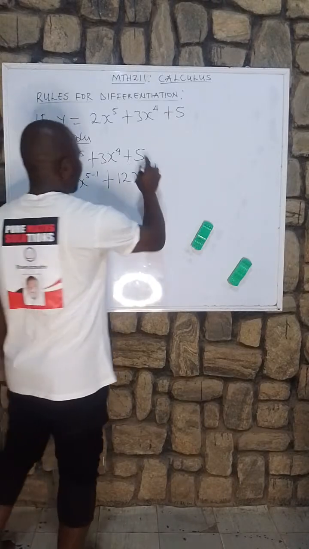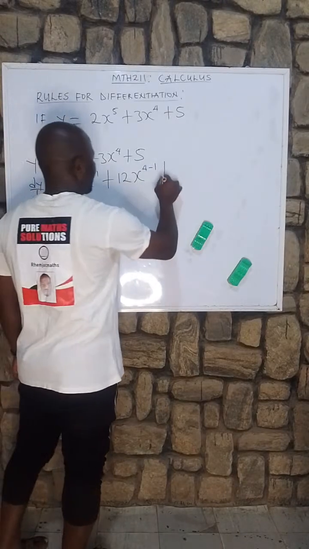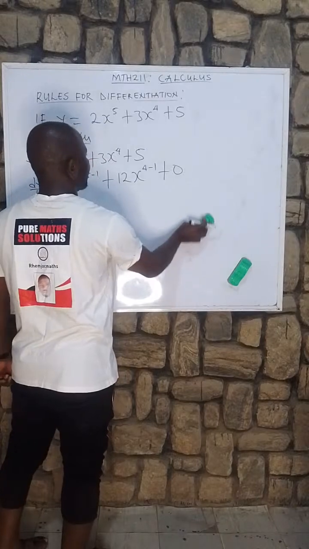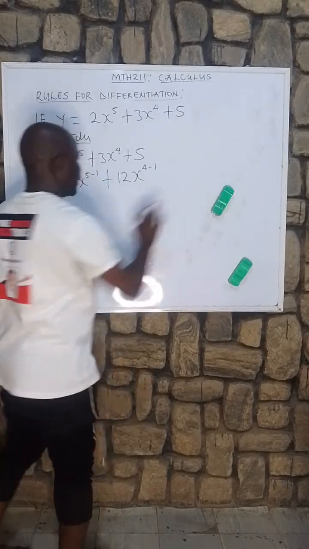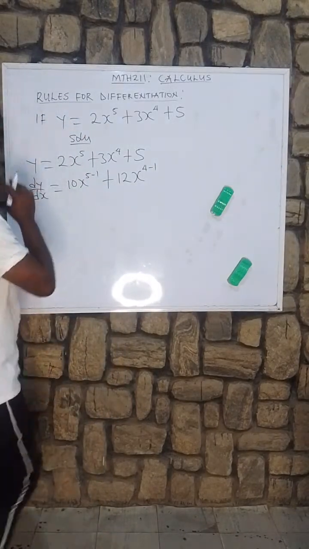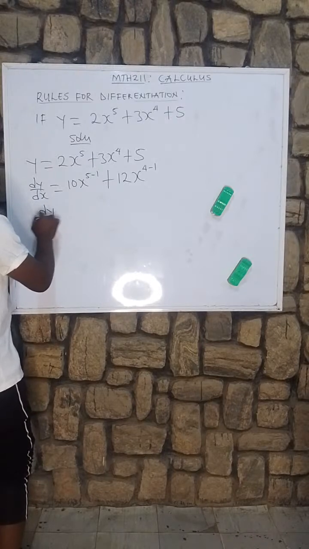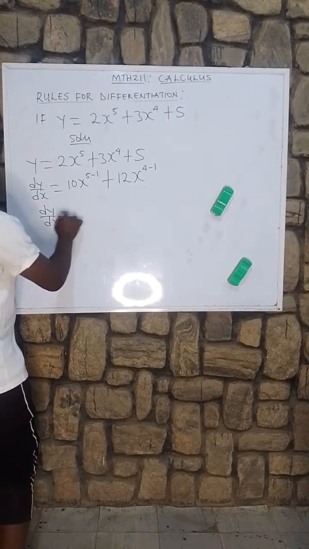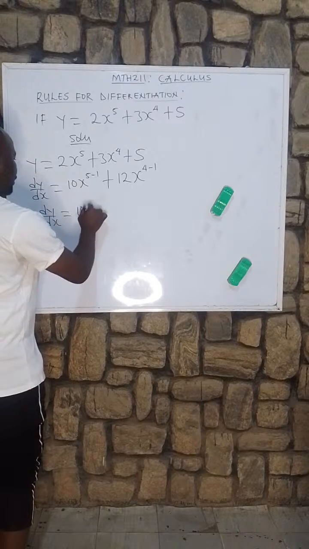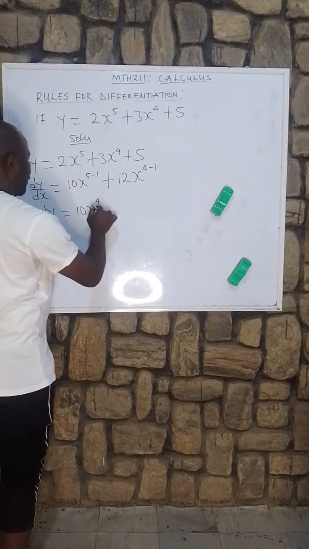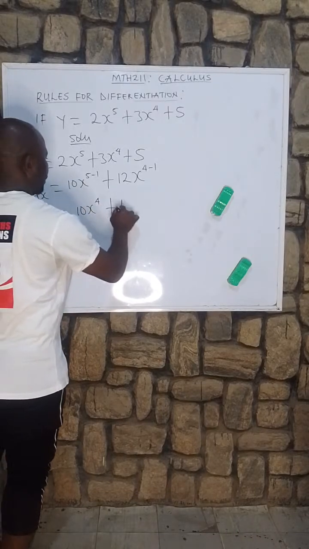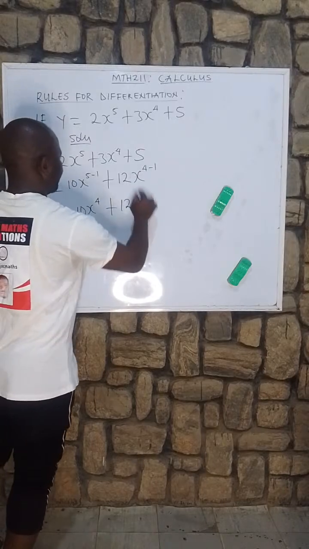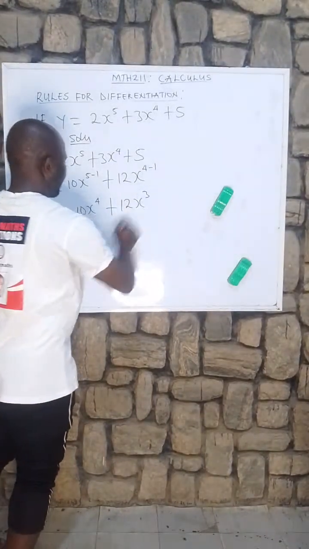Then whenever you differentiate this constant, plus 0, but it's not necessary to write plus 0. You just leave it like that. Is that clear? So our dy over dx is equal to 10x raised to the power of 4 plus 12x raised to the power of 3.